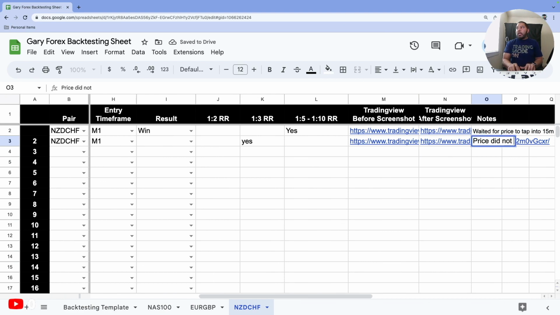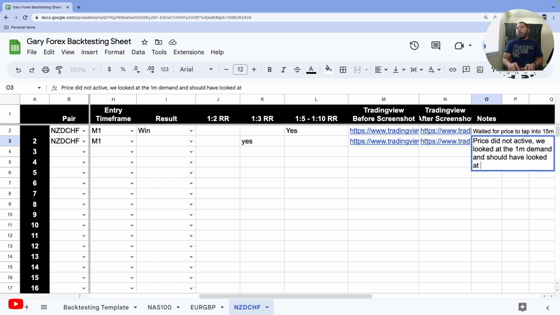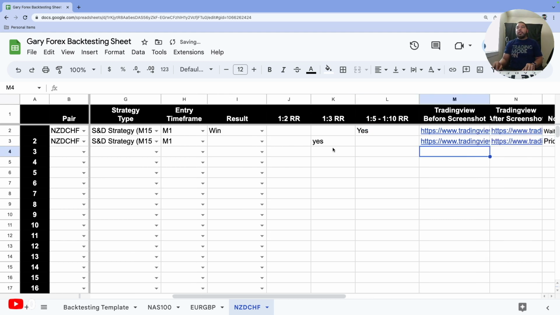Price did not activate. We looked at the 1 minute demand and should have looked at all time frames, 5 minute and below. Okay, so that's definitely something to note.